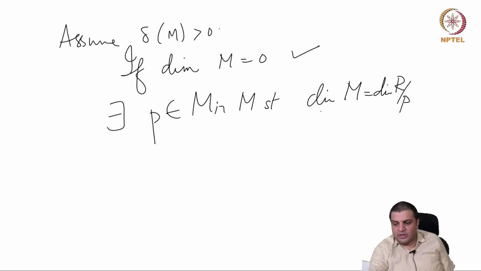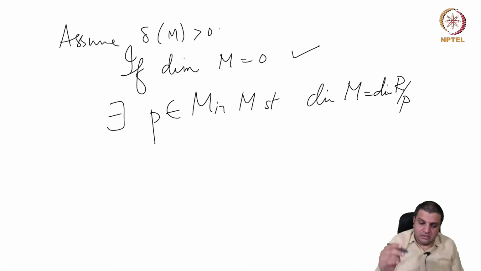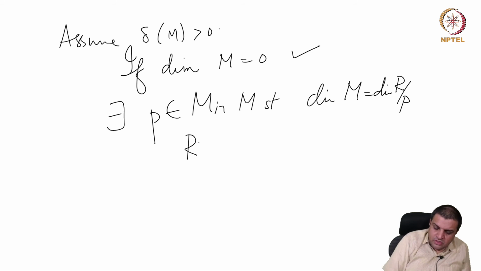That's because the dimension of a module is the dimension of R mod the annihilator of the module, and minimal prime over M means a minimal prime at which M localized at P is non-zero. So those are exactly the minimal primes over the annihilator of M, and minimal primes are associated.